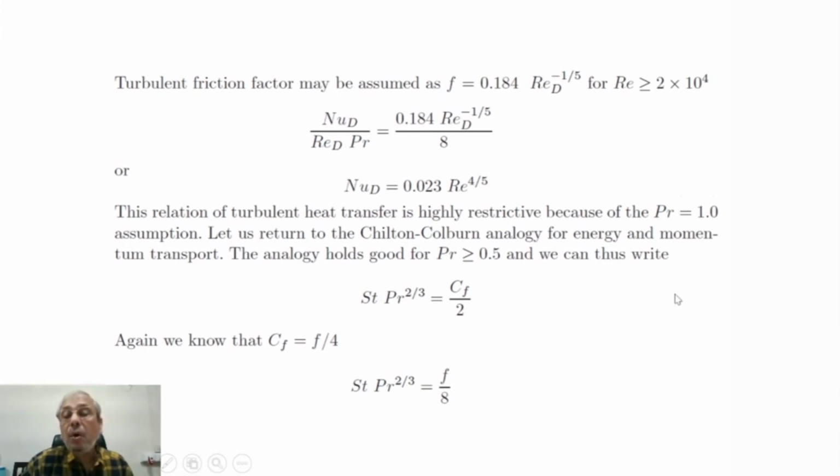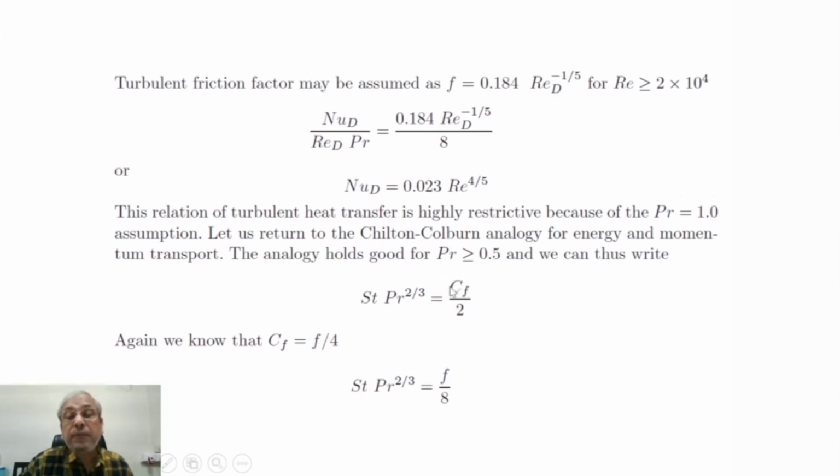7.2. So we can basically write the Chilton-Colburn analogy as Stanton number into Prandtl number to the power 2/3 equal to Cf, skin friction coefficient, by 2. This is the final result of the Chilton-Colburn analogy. And this is basically the skin friction factor or Fanning's friction factor.